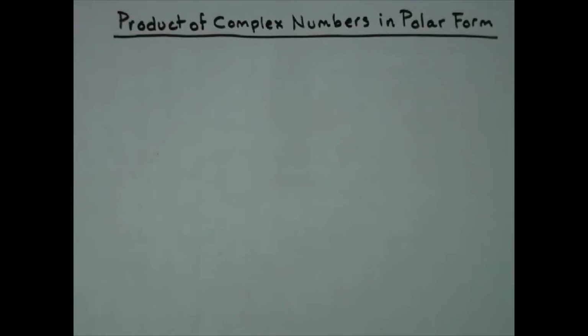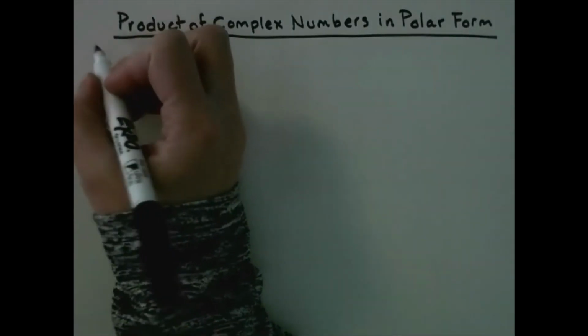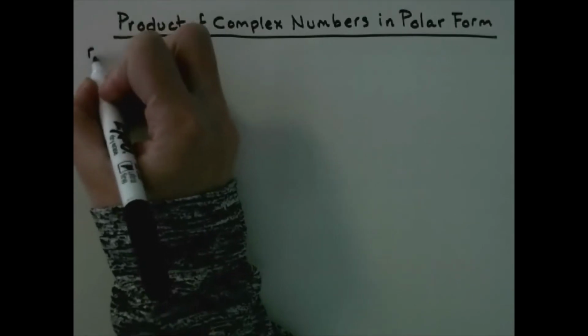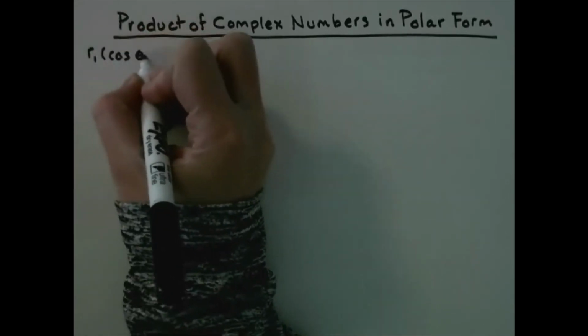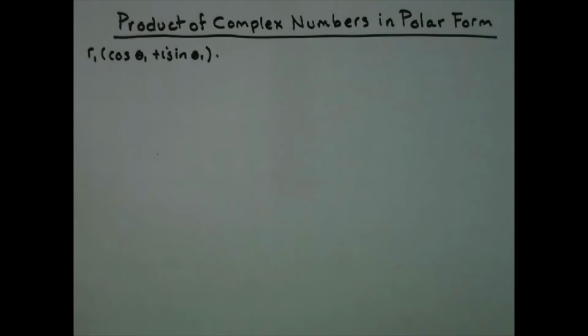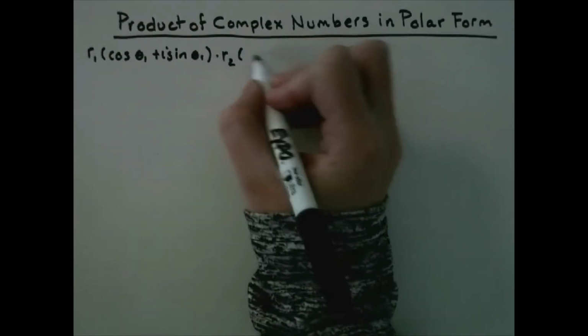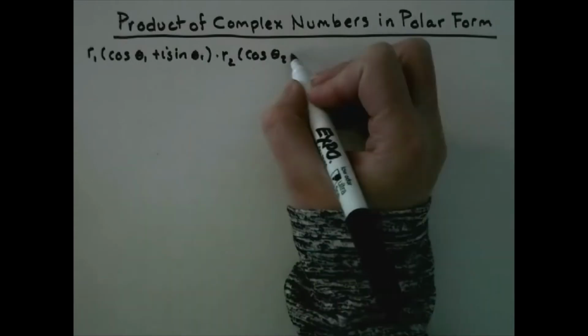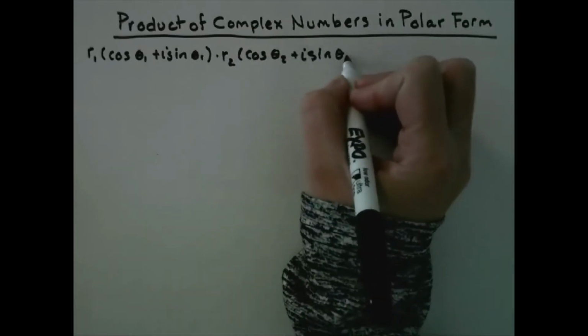Okay, so the answer to why you would want to put a complex number in polar form comes from certain operations being easier to do in polar form. So we're going to start with the product of complex numbers in polar form. We're going to take a generic polar number, r1 cosine theta 1 plus I sine theta 1, and multiply that by another one, r2 cosine theta 2 plus I sine theta 2.